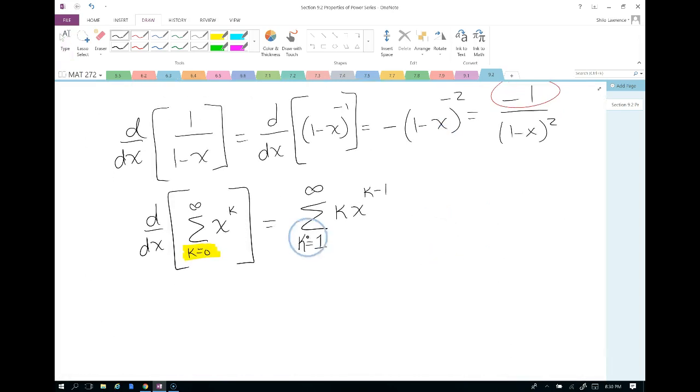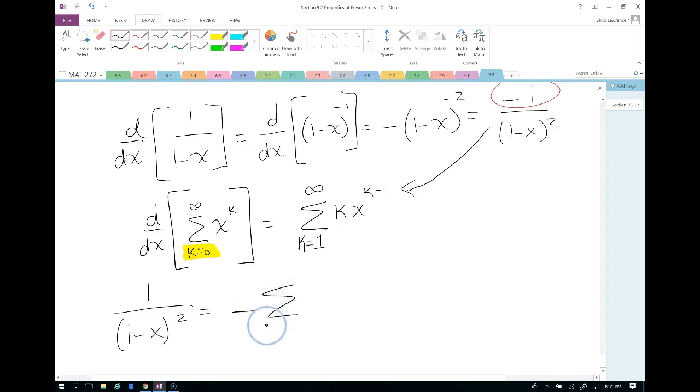So we've got to adjust the index. But remember, this was for negative 1 over 1 minus x squared. So for positive 1 over 1 minus x squared, we're just going to multiply by negative 1 to cancel off the negative. So this is the negative of the sum from k equals 1 to infinity of k times x to the k minus 1.